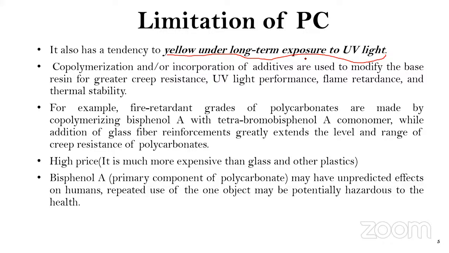Might be because of the ester linkage they have, because most polycondensation reactions form the ester linkage, or the ether linkage, or urea linkage. So might be due to that chemical reason also, they are less resistant to UV light.